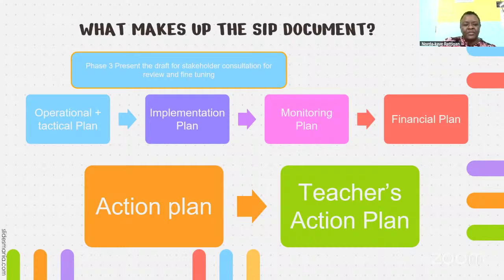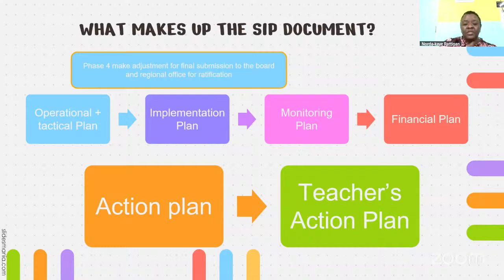Then after this process, we're going to make adjustments based on surveys and things that you would have gone through to make a final submission to your school board and your regional office for ratification.